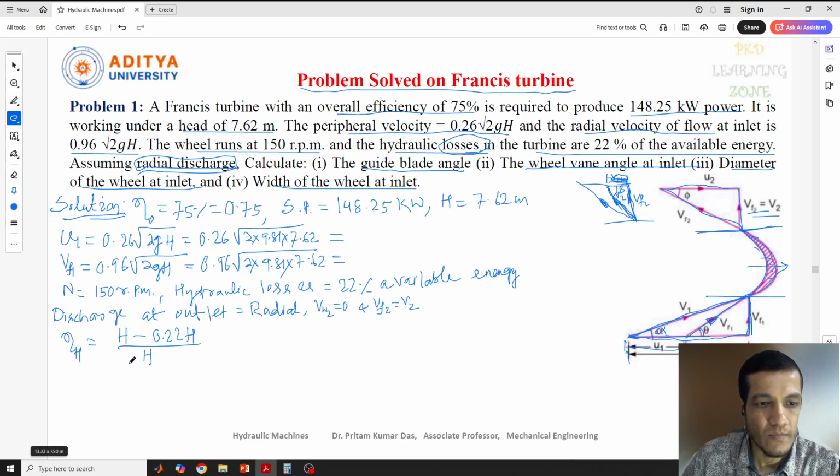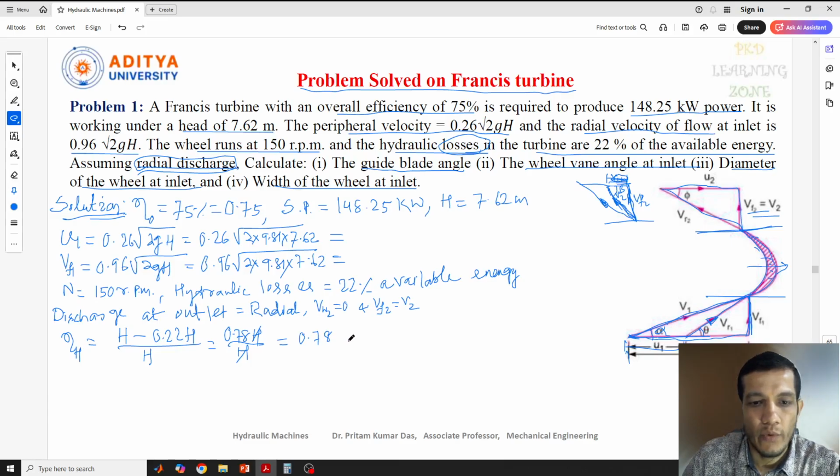The loss is 22% of the available head, so H minus 0.22 H is 0.78 H, divided by H. So the efficiency is 0.78. This is our hydraulic efficiency.